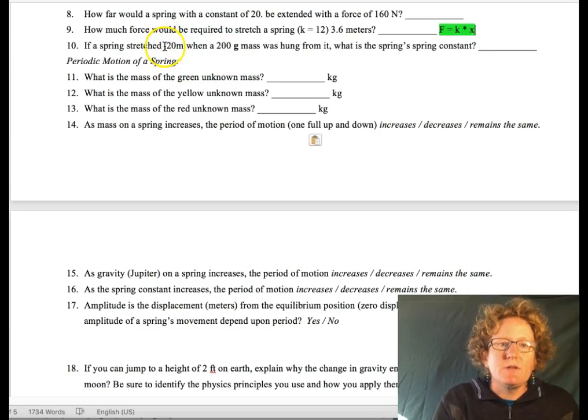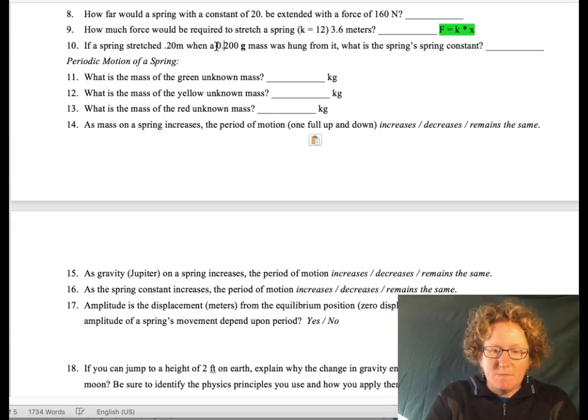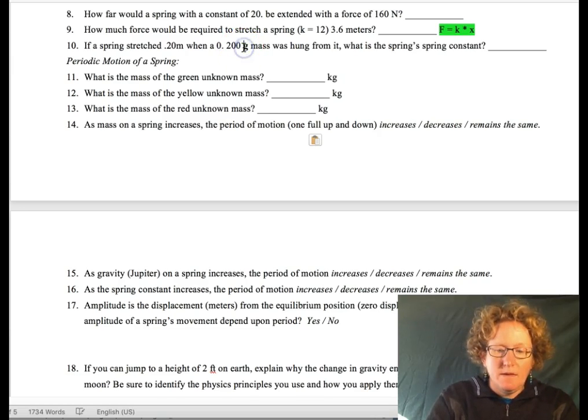If the spring stretched 0.2 meters when a 200-gram mass was hung from it, what is the spring's spring constant? Well, you can find the force using gravity, 9.8 meters per second squared on Earth, times the kilograms here, which would be 0.2. Let's make this 0.2 kilograms.